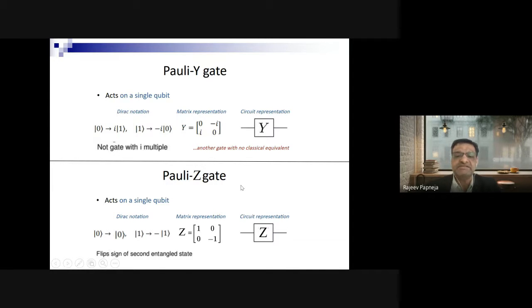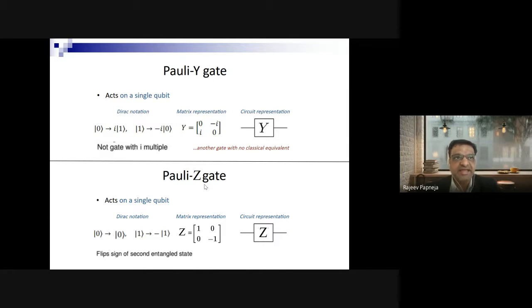And then there is a Pauli Z gate, or Z as they say. Again, it acts on a single qubit. What this does is, this gate is used to flip the sign of the second entangled state. So if I open door number 1 on Earth, and it has a red ball in it, and my friend opens door number 1 on Mars, and that has to have a red ball in it because of the correlation and entanglement.